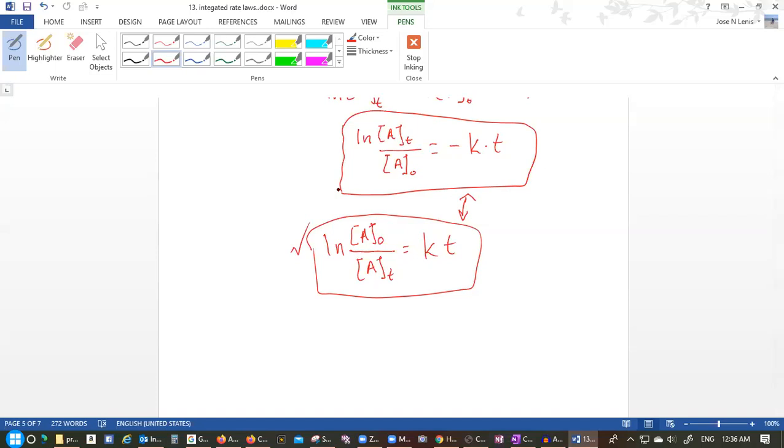So this is one of the most important equations you are going to use, and this is called the integrated rate law for the first order. For a first order integrated rate law.